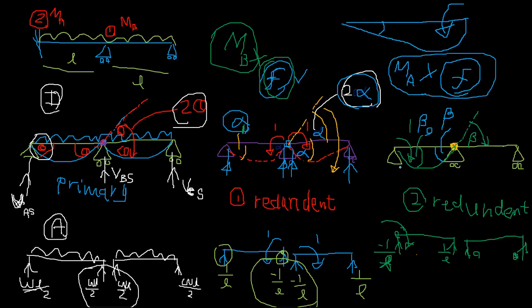And once you get this relative rotation, you can add those at each joint, right? At each joint. So you know, here actually the relative rotation is 0. And here also continuous beam, relative rotation is 0, right? So you are checking the original beam's shape at those two points, right?